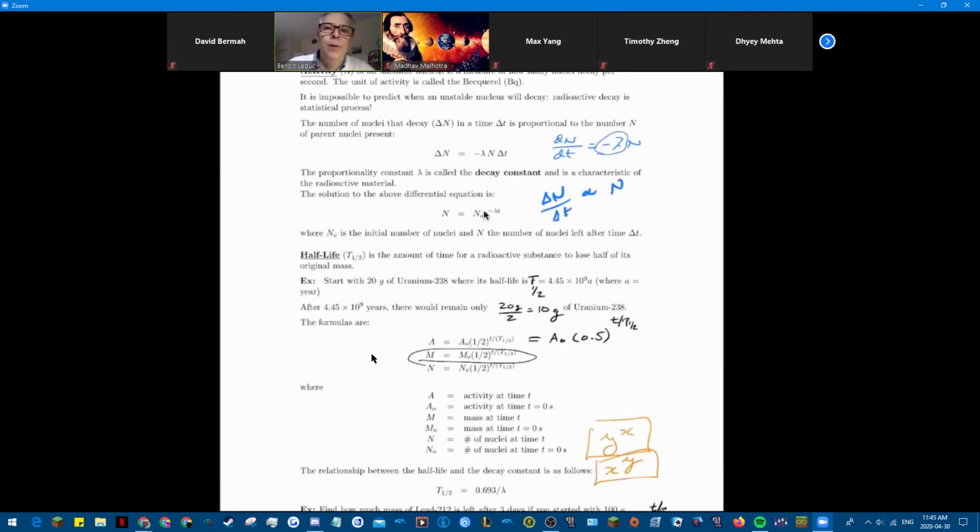So the more nuclei you have, the greater the rate at which those nuclei will break apart, will decay. You have a constant of proportionality, a direct proportional relationship, so you can turn this into an equation, and the constant of proportionality here is called the decay constant. So that's lambda times N, and it's minus because it decays, right? Is that okay?